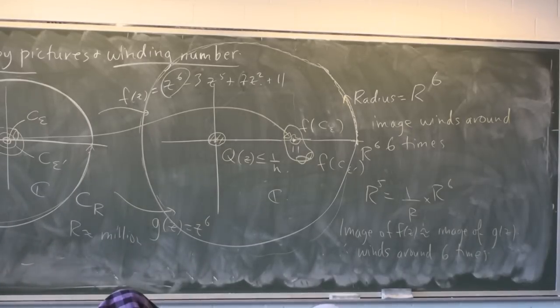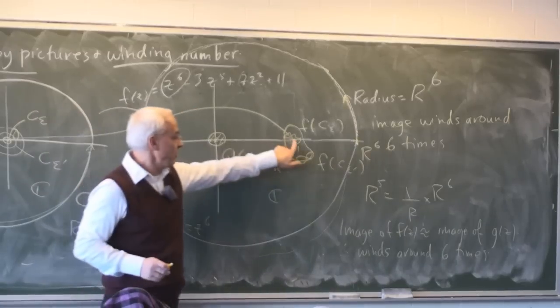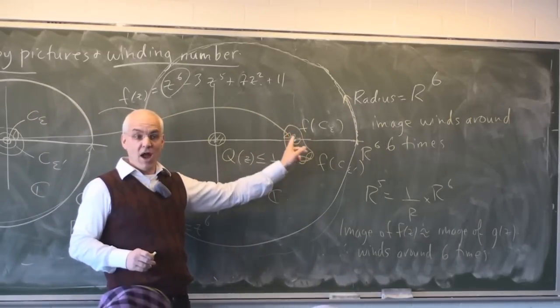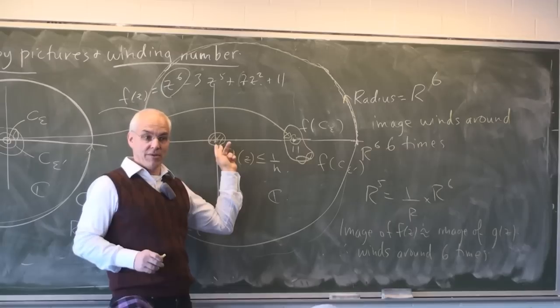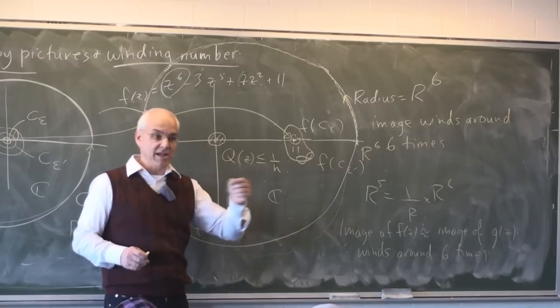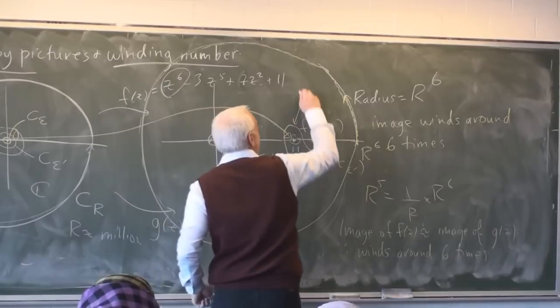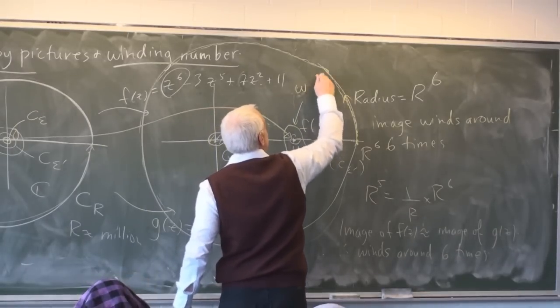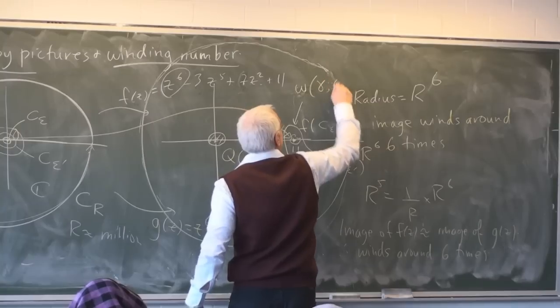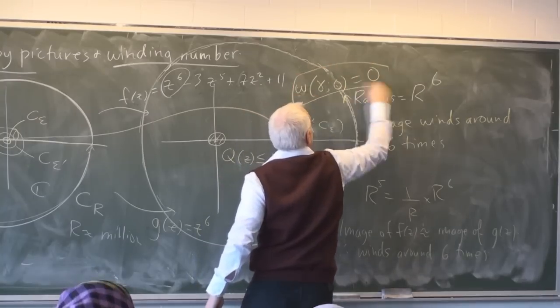So that's now the basic argument. We started off with very small circles. The small circles had images around here. These curves have winding number 0 around the origin. Remember, the winding number is the number of times the curve goes around the origin.